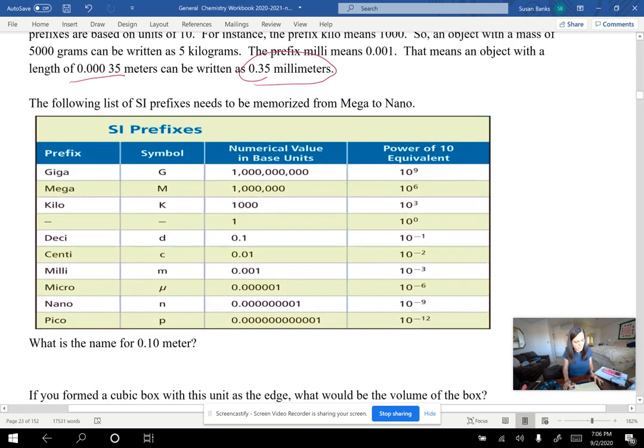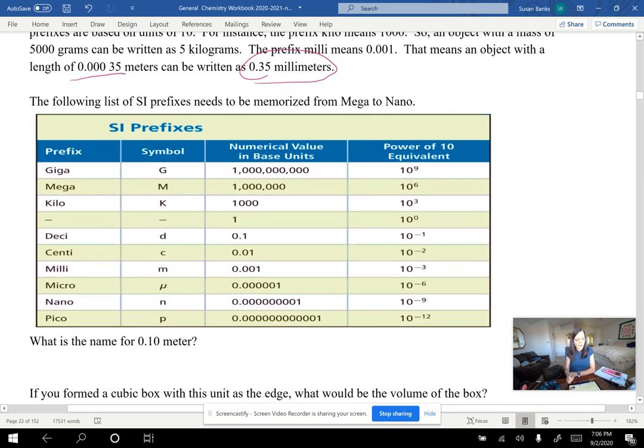Here are the prefixes. I would like you to know mega down to nano. Now notice that we have symbols that are just letters that go for the different sizes of the prefix.